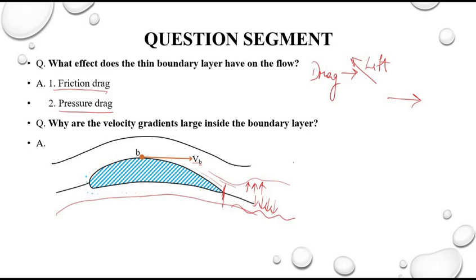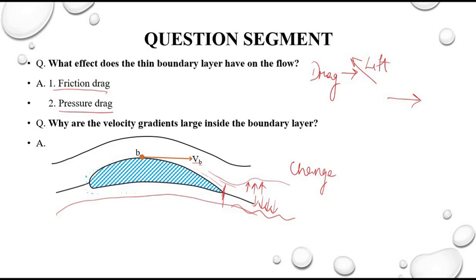When there is a change in pressure distribution on the surface, it results in an increase of drag, and we call that pressure drag. Now we saw how this thin boundary layer, which seems really thin, makes a huge contribution to the flow in our aerodynamic study.